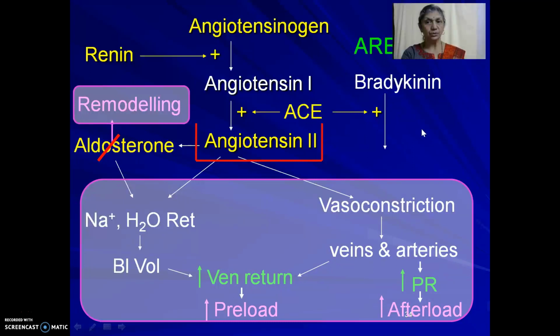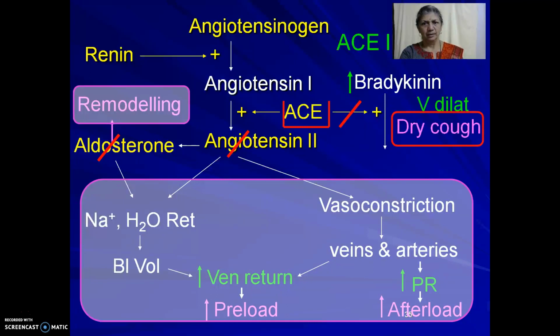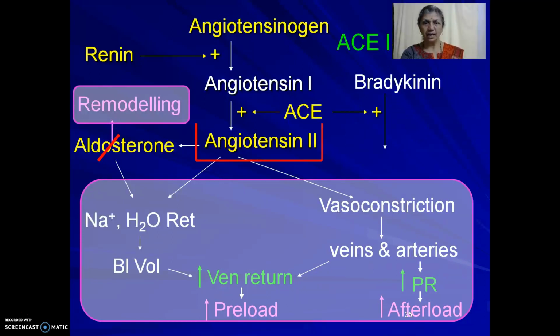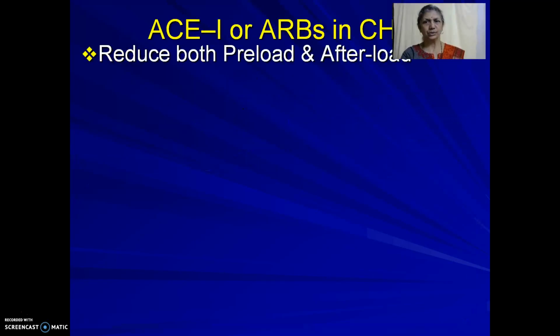So patients who complain of dry cough as being problematic could be shifted to ARBs. So ACE inhibitors are associated with dry cough, but ARBs are not associated with dry cough. Other beneficial effects of ACE inhibitors are retained with ARBs.